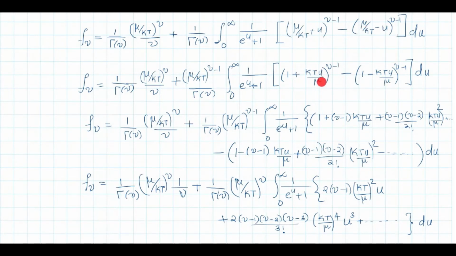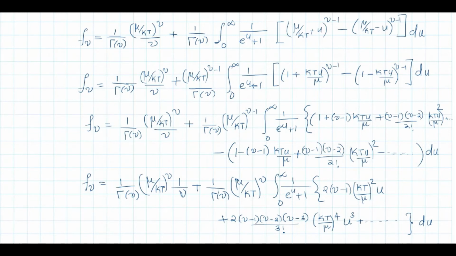Now you can apply binomial expansion here, and this becomes 1 plus nu minus 1 into ktu by mu plus nu minus 1 into nu minus 2 by 2 factorial ktu by mu whole square plus etc. Similarly, you can apply binomial expansion in this term also. That becomes 1 minus nu minus 1 into ktu by mu plus nu minus 1 into nu minus 2 by 2 factorial ktu by mu whole square minus etc.